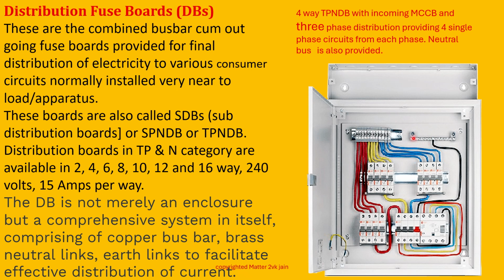This is provided with a neutral bar. So when you are taking a phase circuit from here, you take one wire from here and one wire from neutral. This is how a single phase circuit goes out from the board.